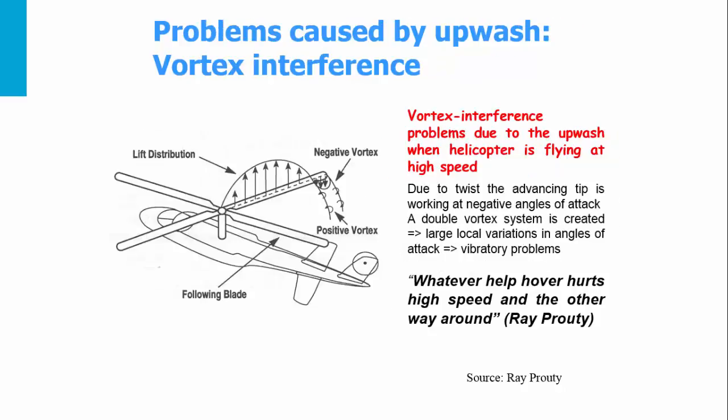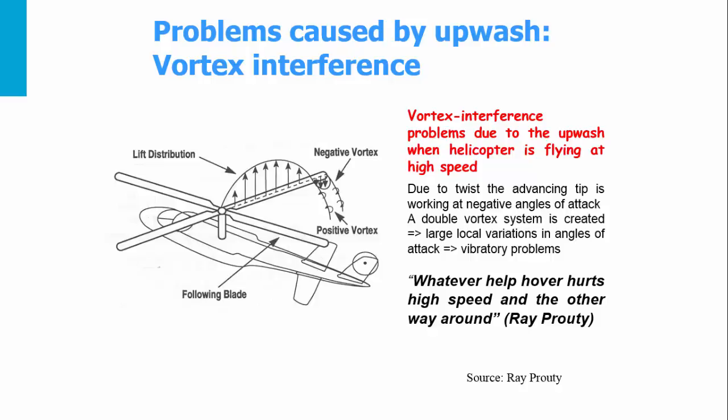Another problem caused by the upwash is the vortex interference problem when the helicopter is flying at high speed. As we said about the twist for hover, due to twist, the advancing tip is working at negative angles of attack.